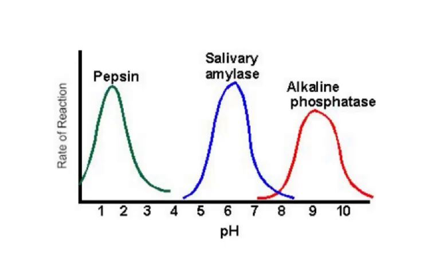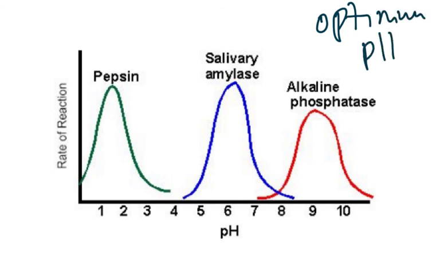Now this is a graph showing the different pH. You can see pepsin has a pH which is around 2, salivary amylase has a pH around 6, and alkaline phosphatase, another enzyme, has a pH around 9. So different enzymes have different optimum pH, and you can see it's a very narrow range.